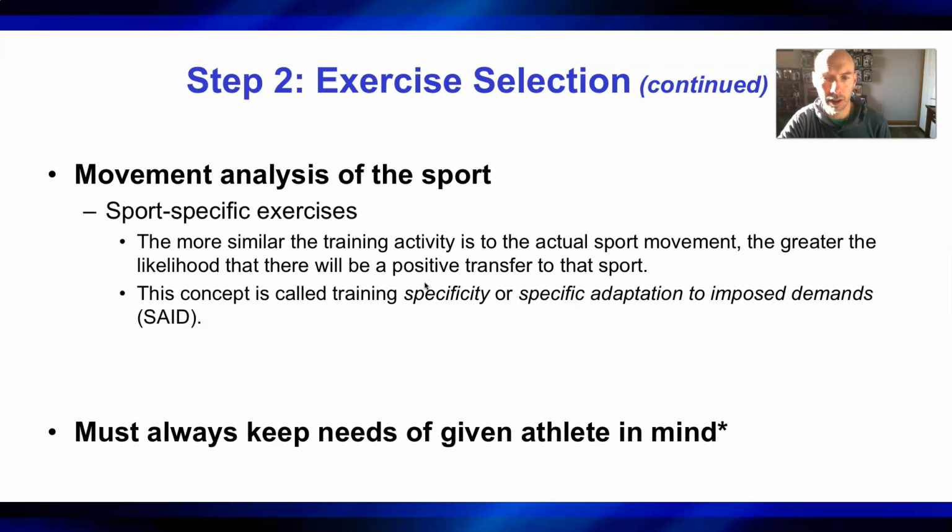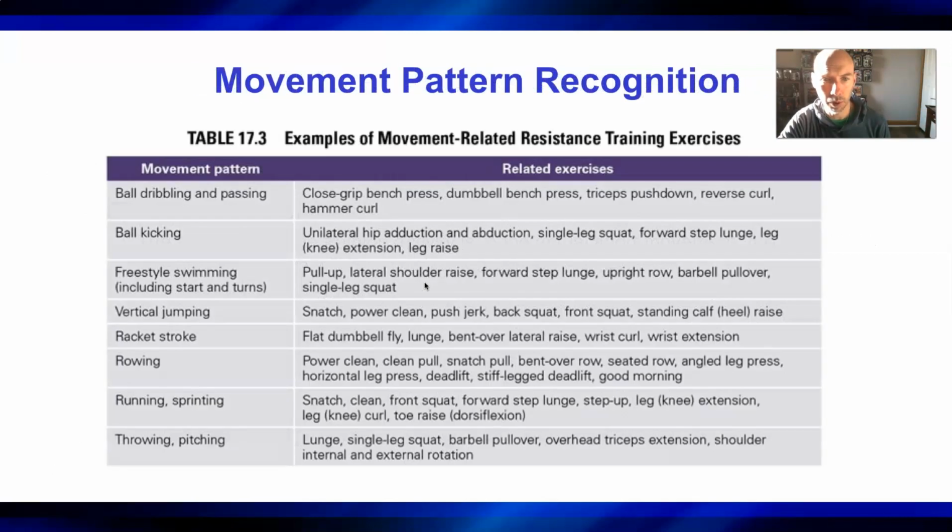And to elaborate on that a little bit more, this is a good example of looking at different movements that might be important for different sports, okay? And then here we see exercises that are related to those movements. Since we're talking about a basketball player, they do have dribbling as a movement pattern, and then they list some exercises that train the same movement pattern involved in dribbling.